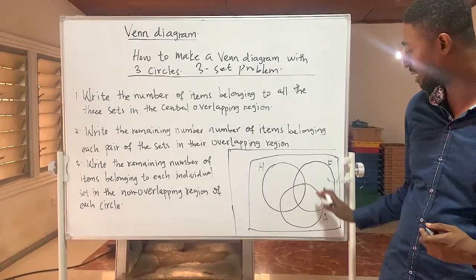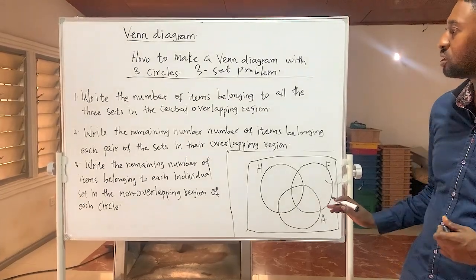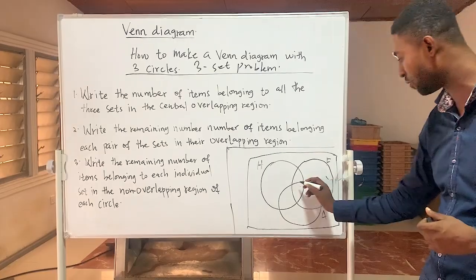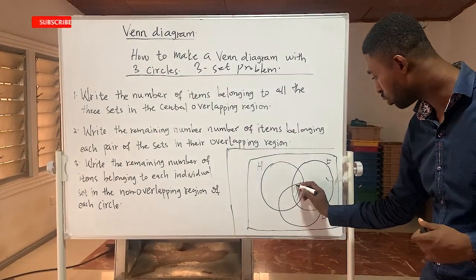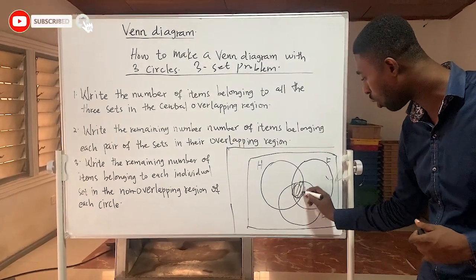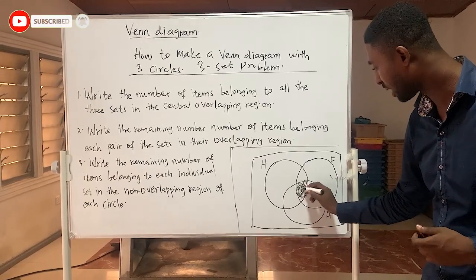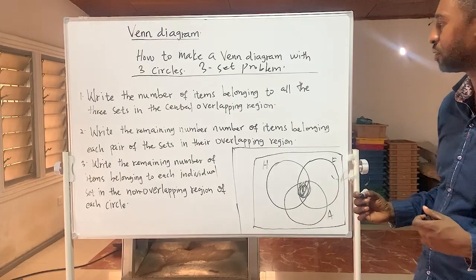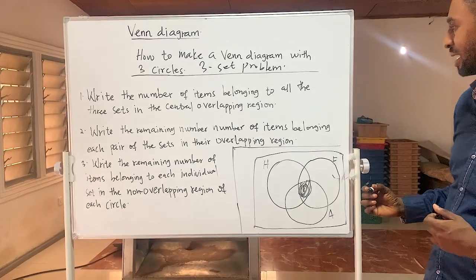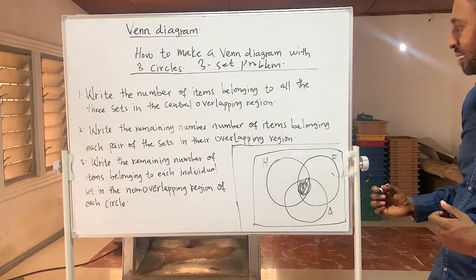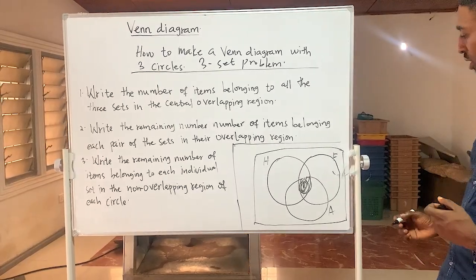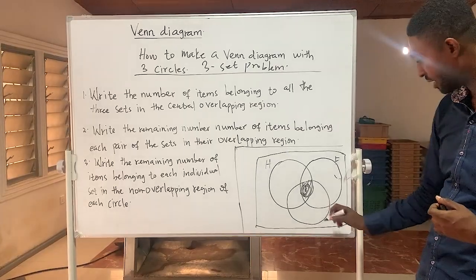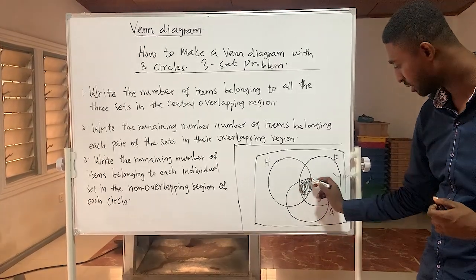So if I have my three circles, what I need to do is write the number of items belonging to all the three sets. So always start your Venn diagram from here. So you first write what is common to all the three categories. Then, secondly, write the remaining number of items belonging to each pair of sets in their overlapping region. So 1, remember H and let's say F. This is their overlapping region.